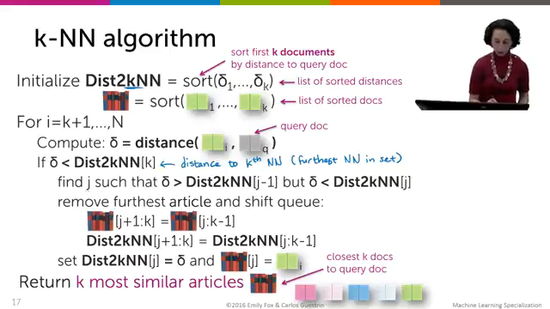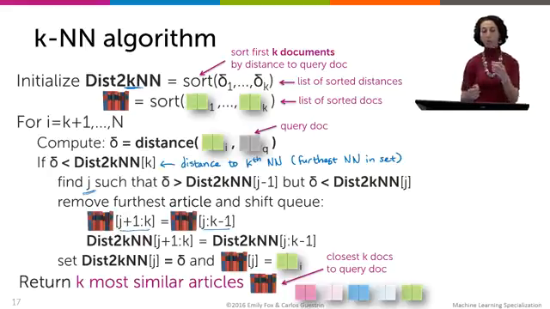In particular, we take this index j, which indexes where it falls in the priority queue, and we remove the kth nearest neighbor that's no longer in our set of k nearest neighbors now that we're inserting this new article. And then we shift the indices. What used to be labeled indices j to k minus 1 are now going to be j to k.